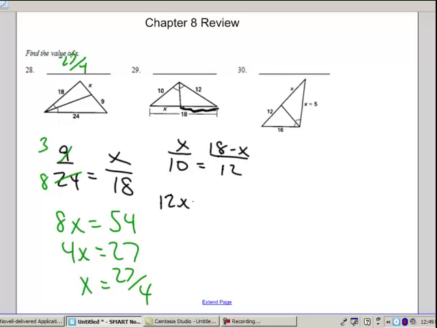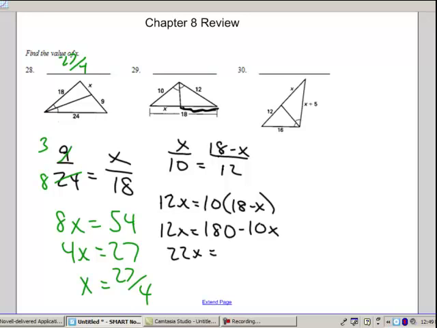So I'm going to say 12x is equal to 10 times 18 minus x. 12x is equal to 180 minus 10x. So 22x is equal to 180. Dividing both sides by 2, 11x is equal to 90. So x is equal to 90 divided by 11.